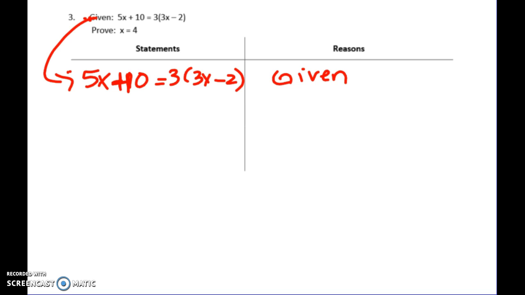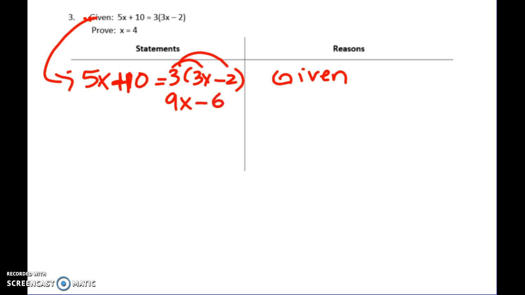Now, on the last two problems, what do we have to do first? If you remember PEMDAS, the P stands for parentheses. You're going to have to distribute into that parentheses first. 3 times 3x, 3 times negative 2. Now, everyone hear me. You want to write small because there's a lot of steps and there's not a lot of room. Okay? So, 3 times 3x is 9x. 3 times negative 2 is minus 6.